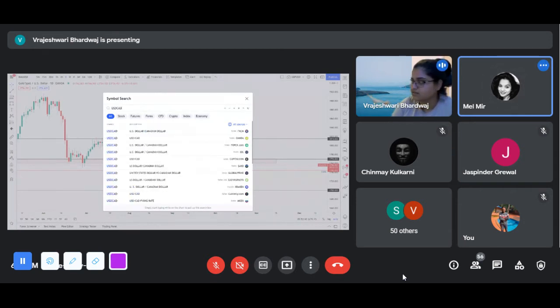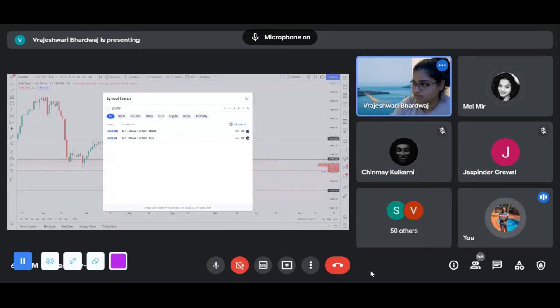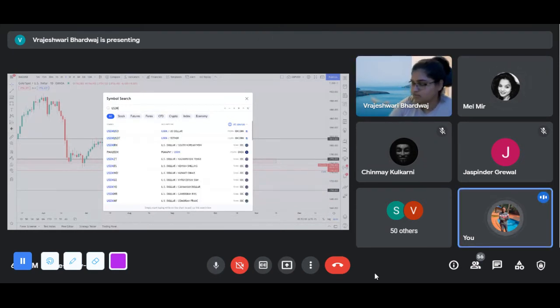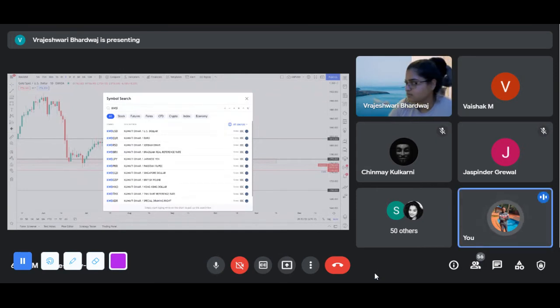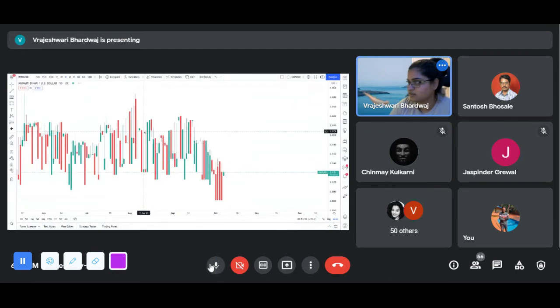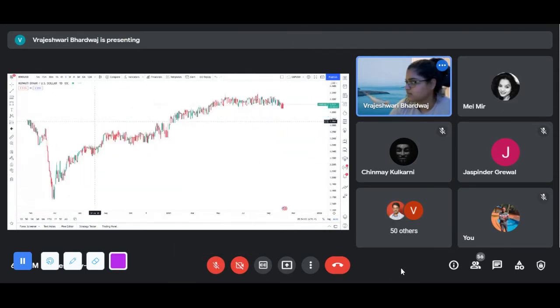USD CAD, is that where you're trading? Kuwaiti dinar, KWD. Okay, USD KWD. Yes, Kuwait, correct. This is how your chart looks.